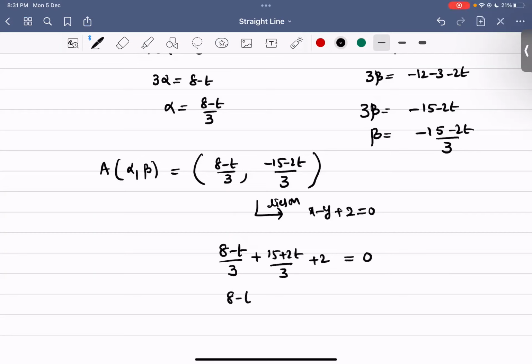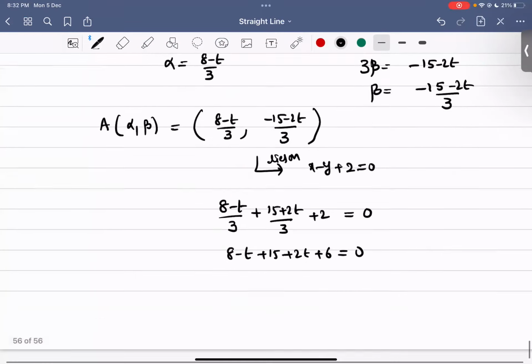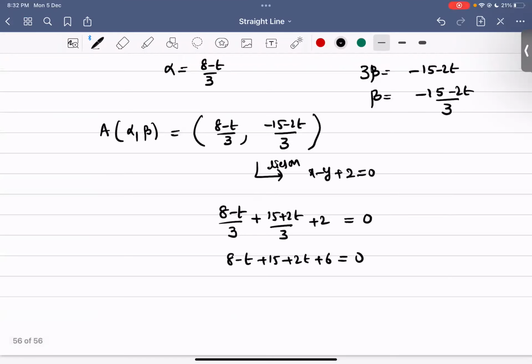That is 8 minus t plus 15 plus 2t plus 6 equal to 0. Then t plus 29 equal to 0. t is equal to minus 29.